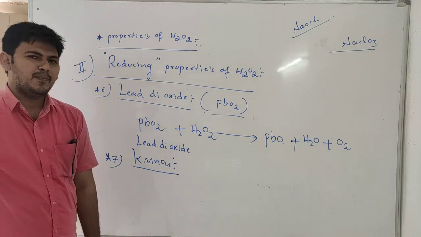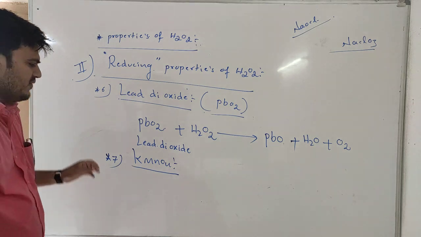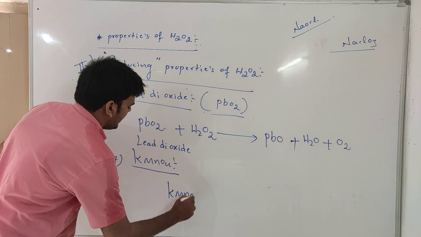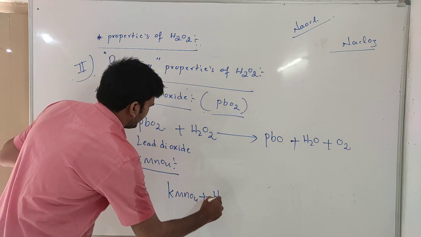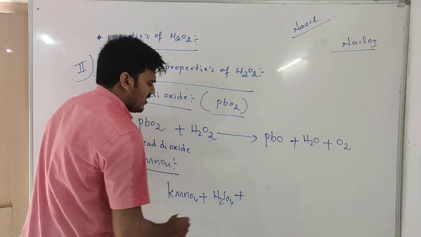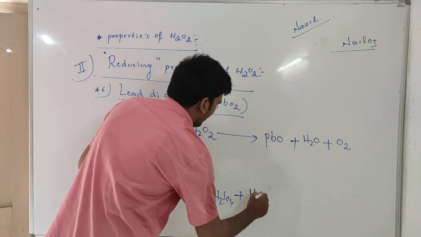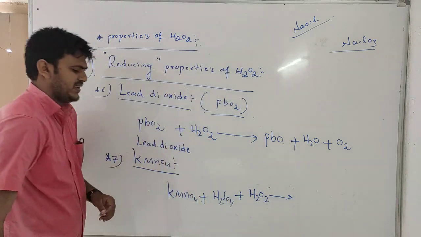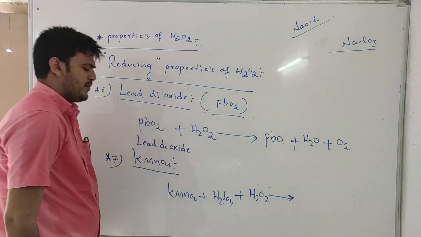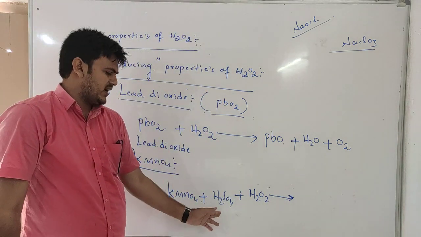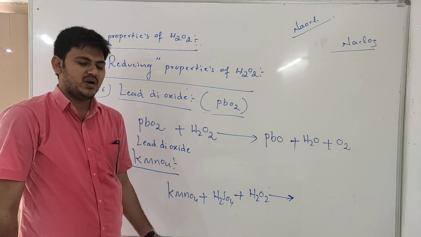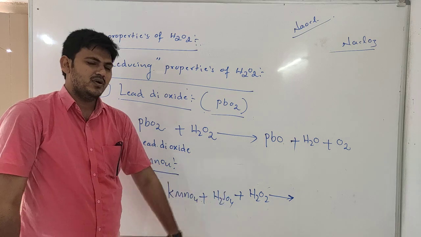So KMnO4 plus acid, formula H2SO4, plus our compound hydrogen peroxide, formula H2O2: three reactants, potassium permanganate, sulfuric acid and hydrogen peroxide.